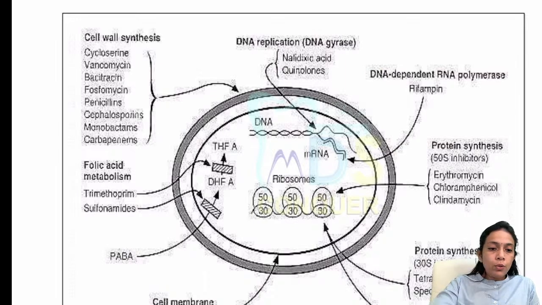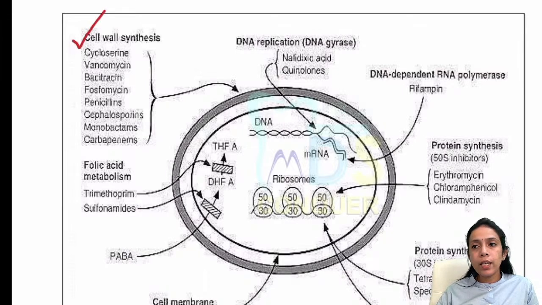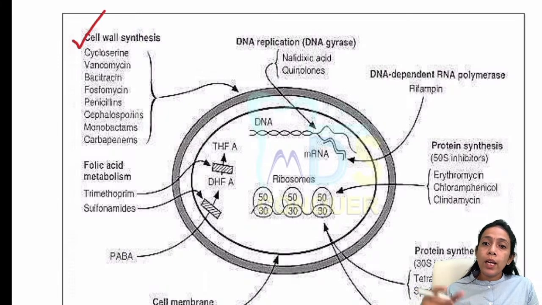For cell wall synthesis, there is a mnemonic: tightly bound to the bacterial cell wall. B is bacitracin, firmly bound to the bacterial cell wall. F is phosphomycin, B is bacitracin, C is cycloserine. Again B is the beta-lactams, where the penicillins, cephalosporins and carbapenems will come.